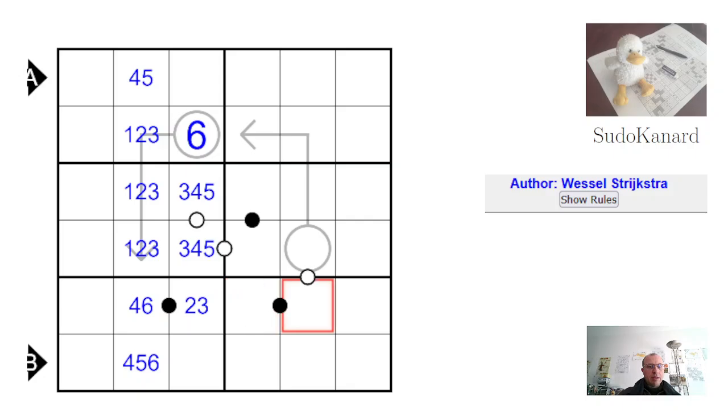This still has a lot of options, but the minimum value here would be with 1, 2, and 1, so that's a minimum of 4, which means that this is never a 1. No, that's never a 1 or a 2.